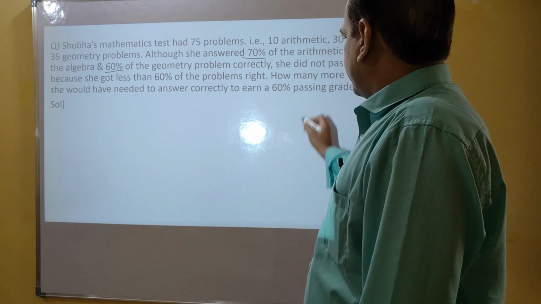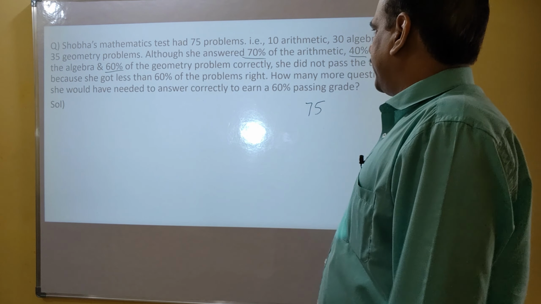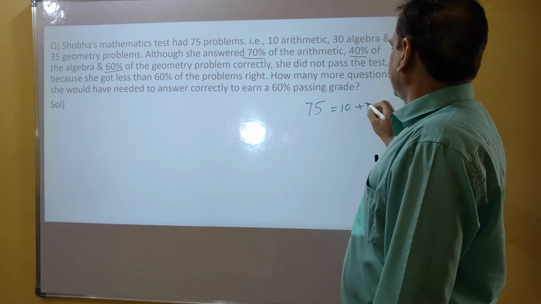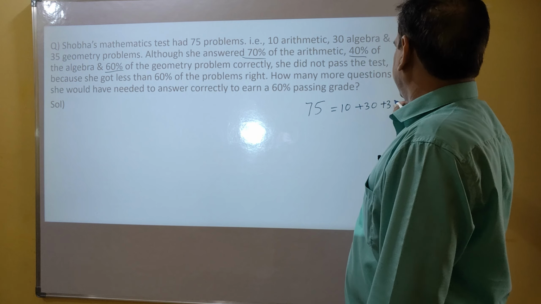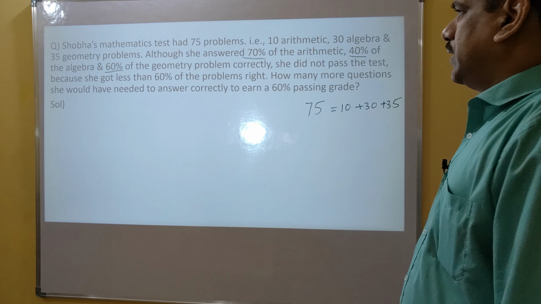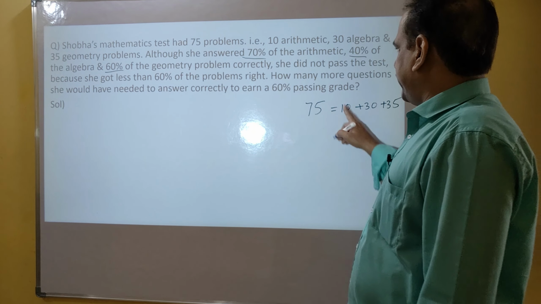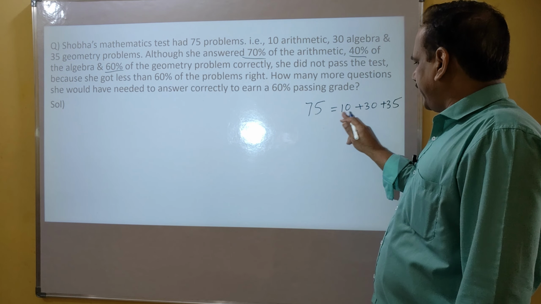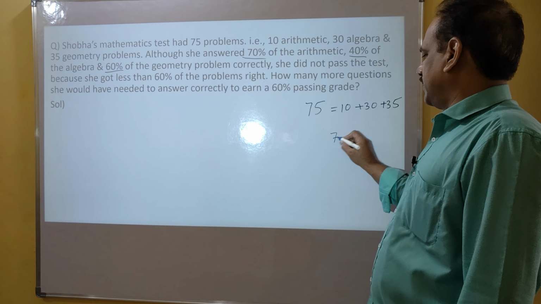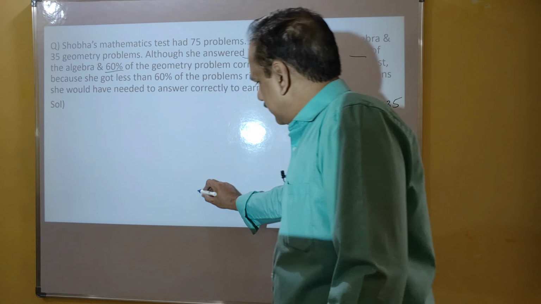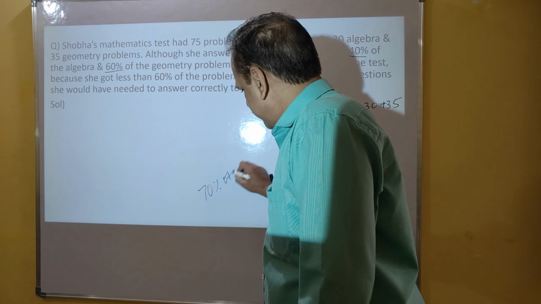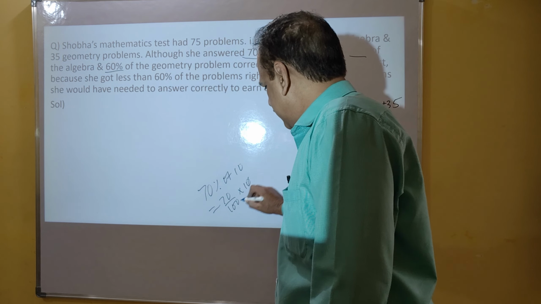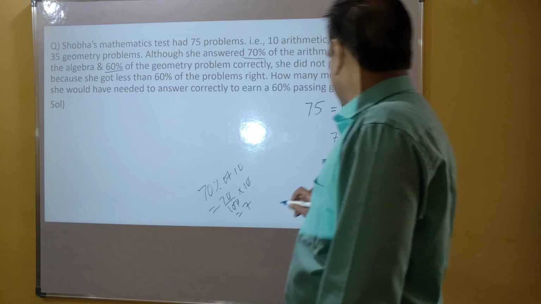So, total number of problems are 75, in which 10 are arithmetic, 30 are algebra, 35 are geometry. Out of 10, she answered 70% of arithmetic correctly. What is 70% of 10? 70 by 100 into 10 is 7.